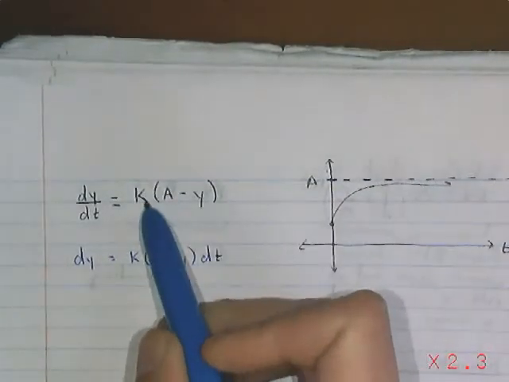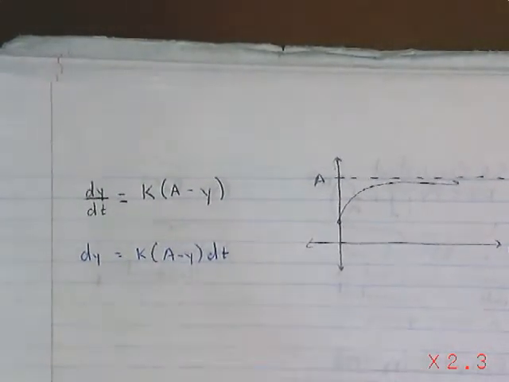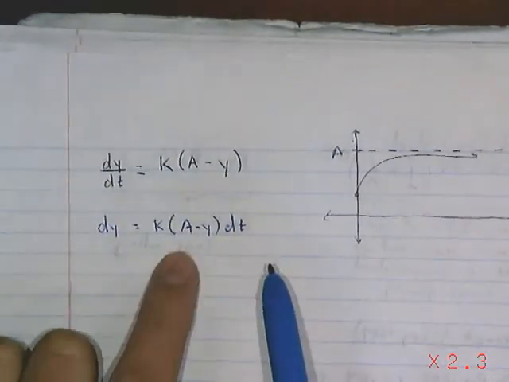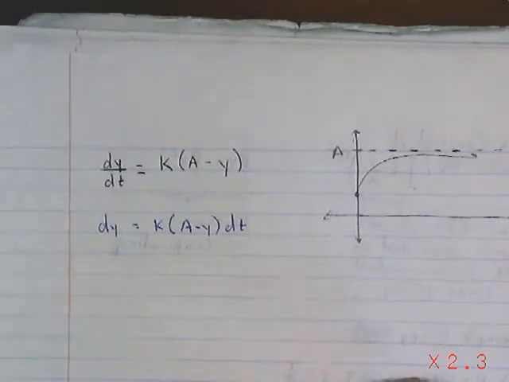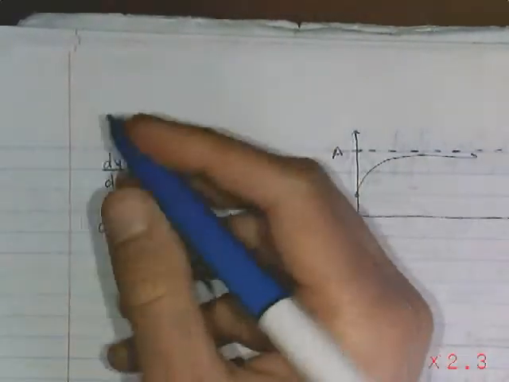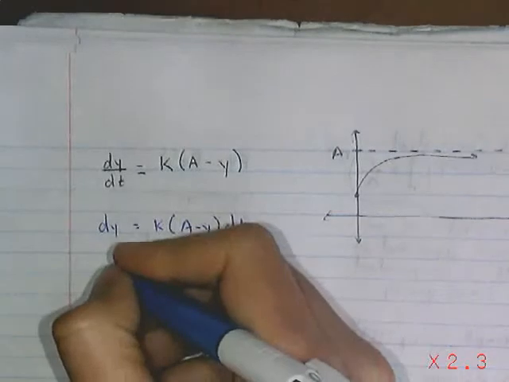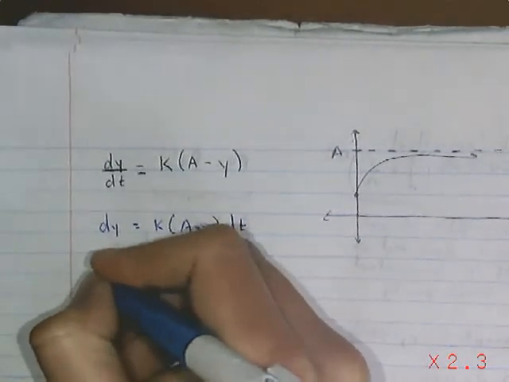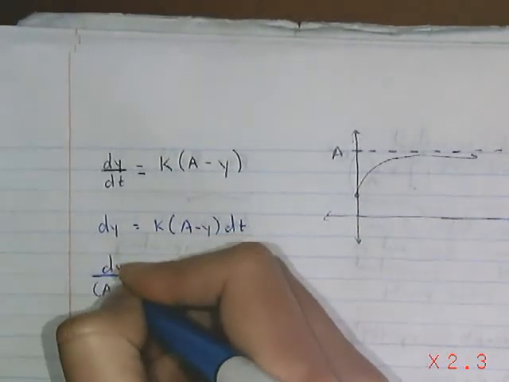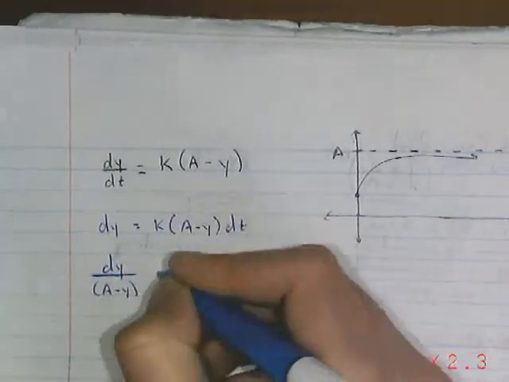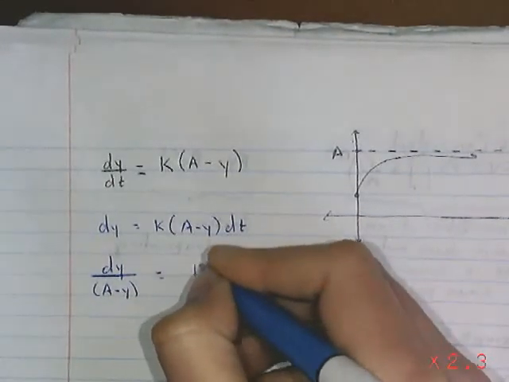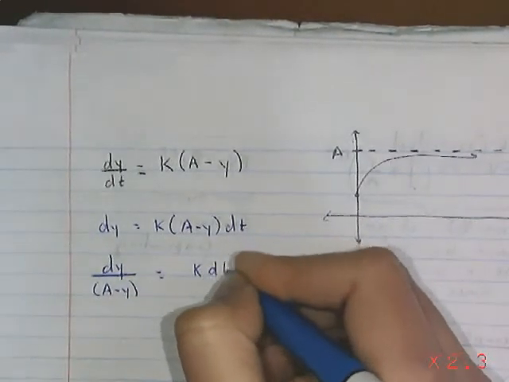Remembering that k is just some constant, so it's not going to mess up any integration. We want to get the y with the dy, so we divide it over, and we end up with dy divided by a minus y is equal to k dt.